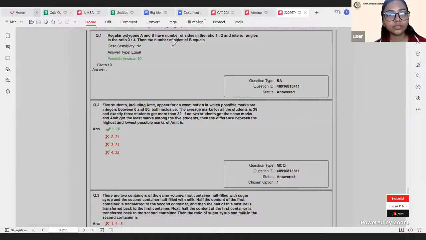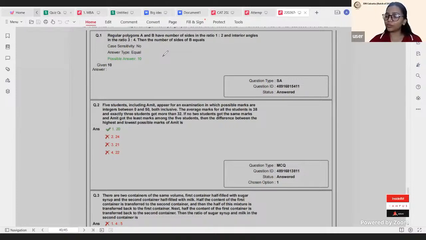Okay, so this question is basically about polygons. As we all know, the sum of interior angles of a polygon is (n minus 2) times 180 degrees, where n is the number of sides. There are two polygons, A and B, where the ratio of the sides is 1:2 and the ratio of the interior angles is 3:4.